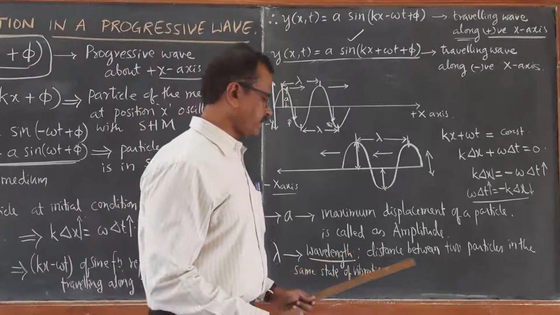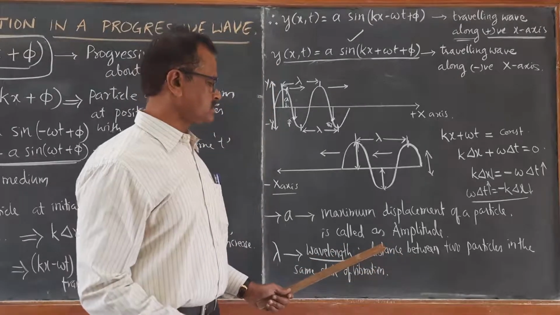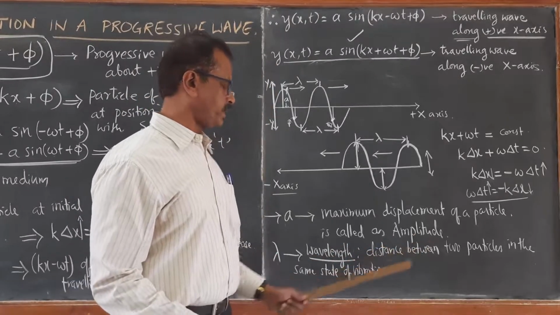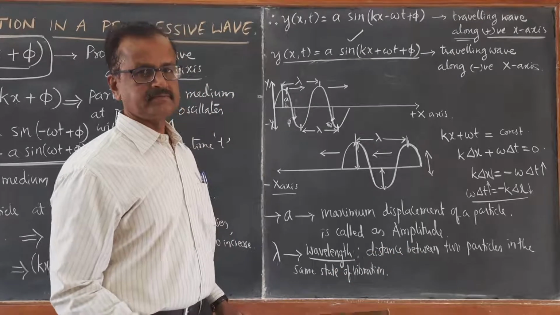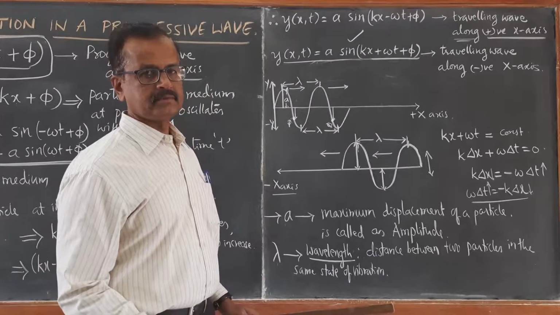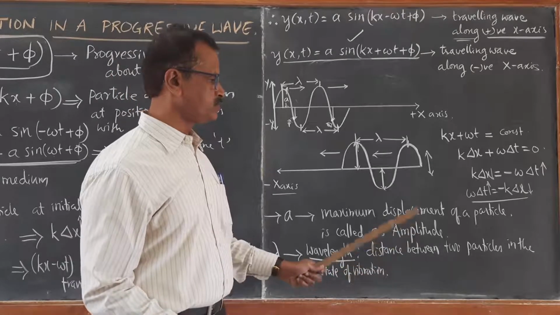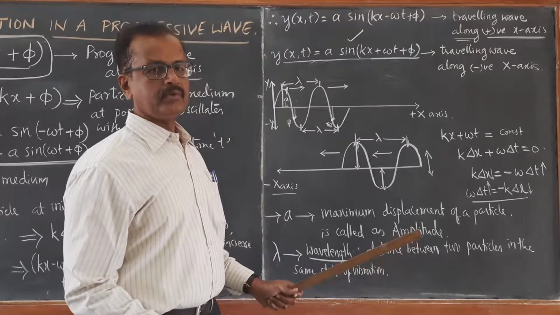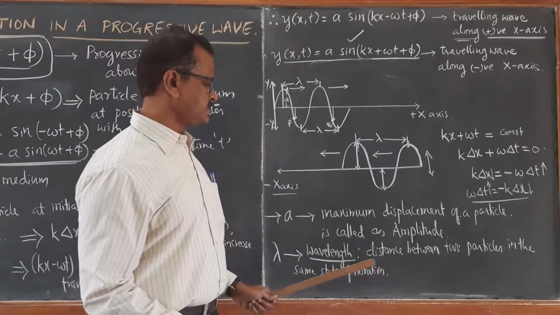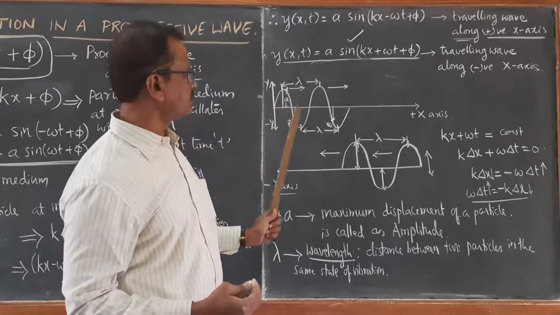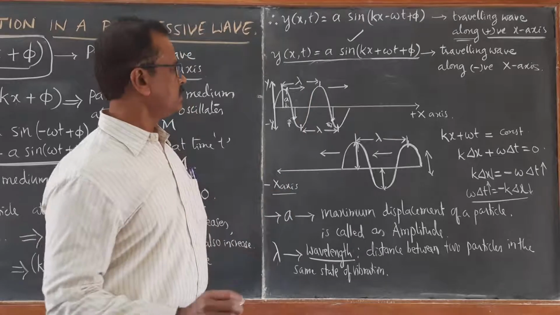So in another way, we can say the successive distance between two particles in the same phase. The distance between two particles which are vibrating in the same phase consecutively, one after the other, is called the wavelength.